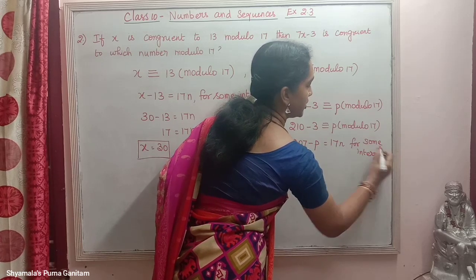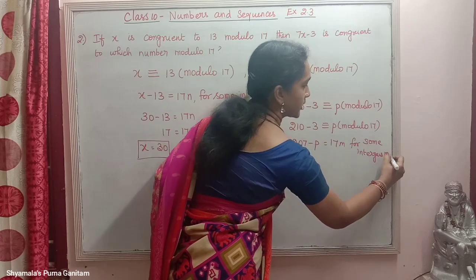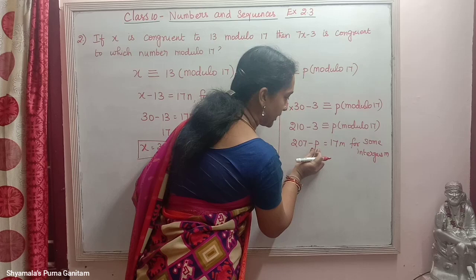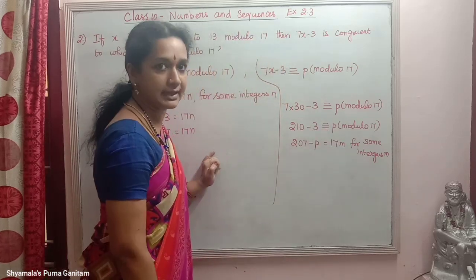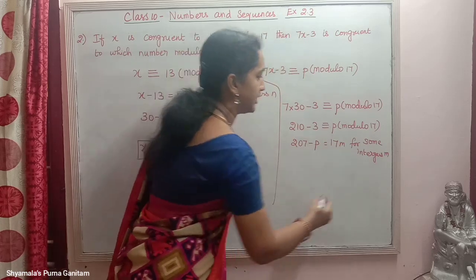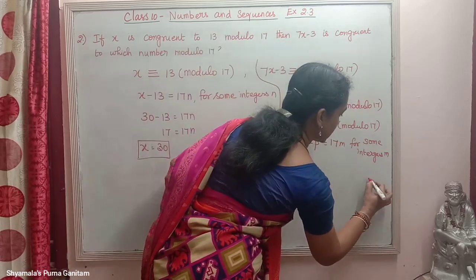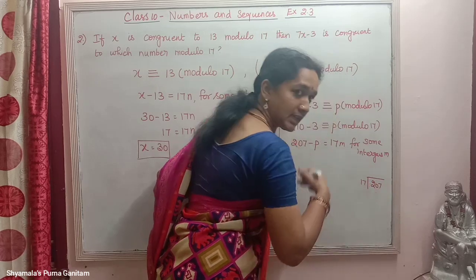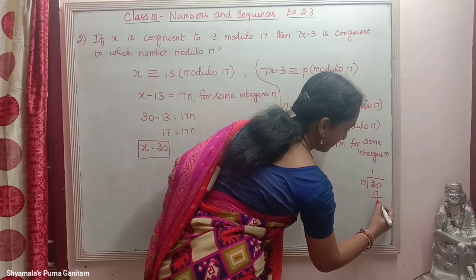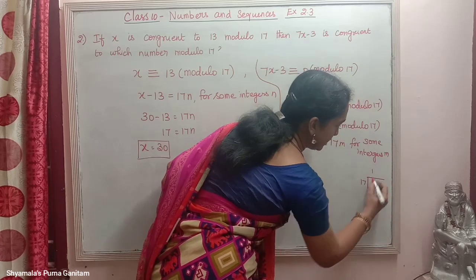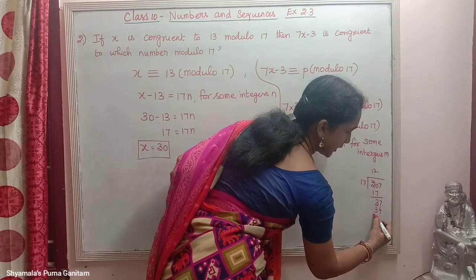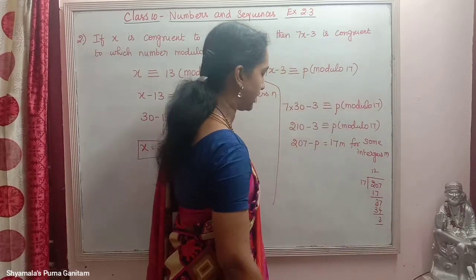So 207 minus p is equal to 70m for some integer m. We have to take a value for p such that it is divisible. First we will divide 207 by 17 and check what remainder we are getting. 17 one time 17, balance 3, bring down 7: 37, 2 times 17 is 34, remainder 3.